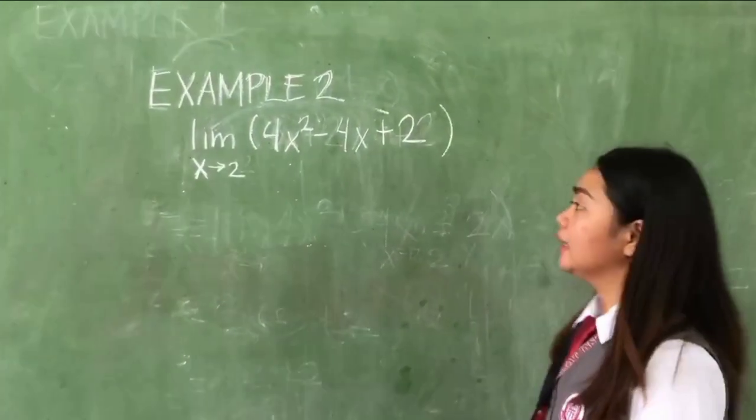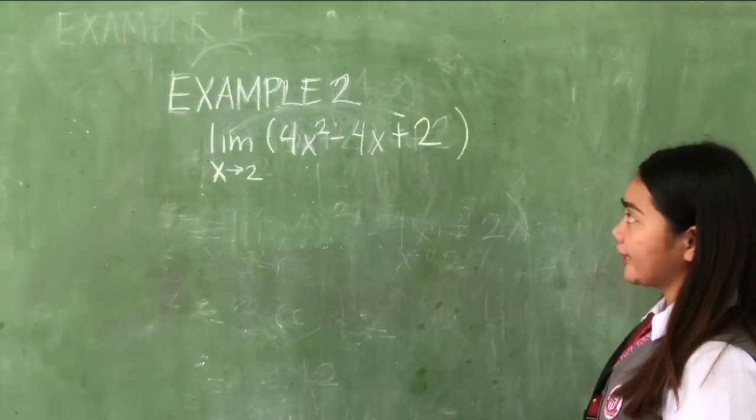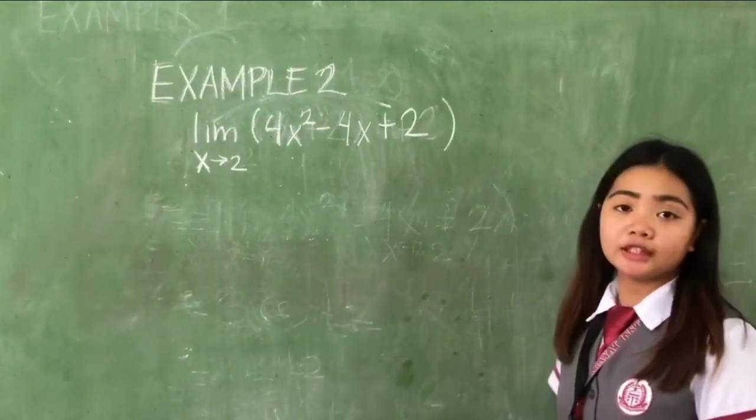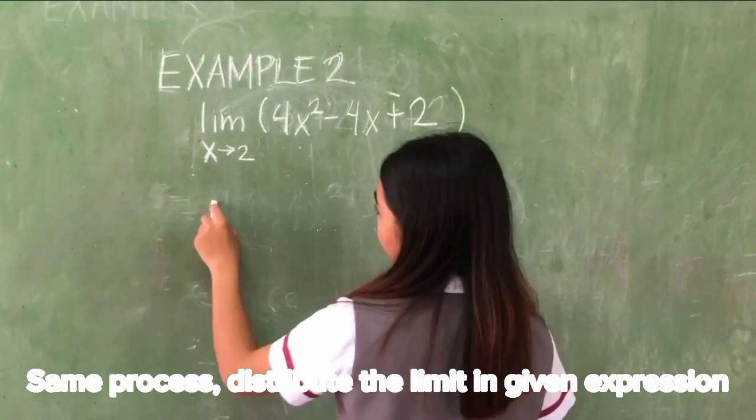Example number 2. Limit of 4x squared minus 4x plus 2 as x approaches 2. First, distribute muna natin yung limit.